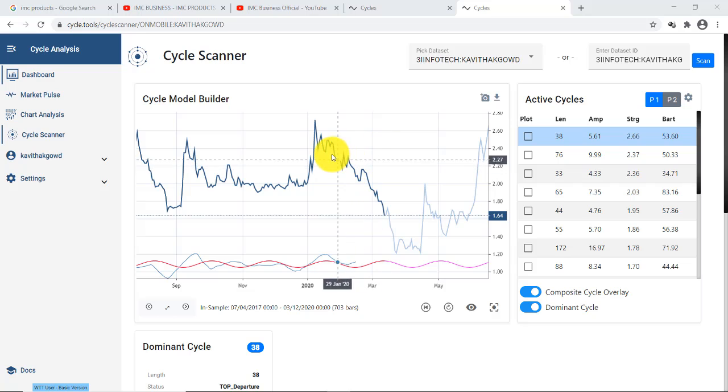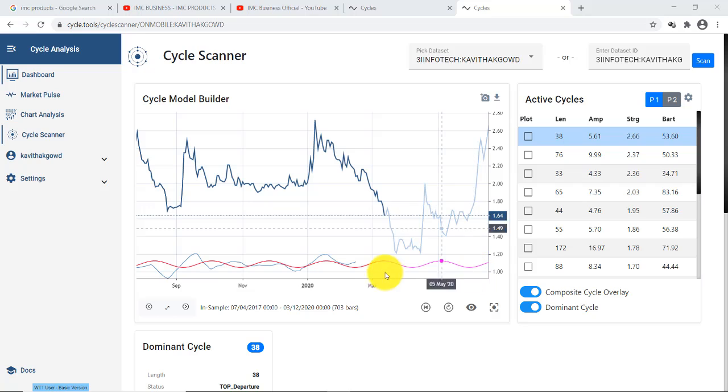So this dark line represents the price, whereas this is the pricing line in graphical representation, that is syncing with the dynamic cycles.